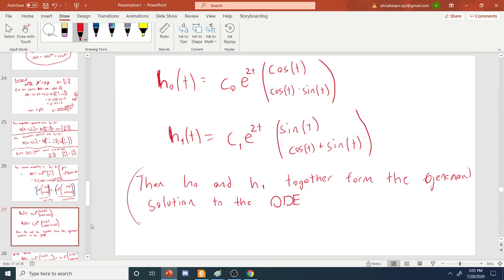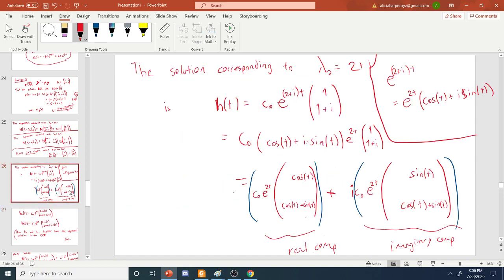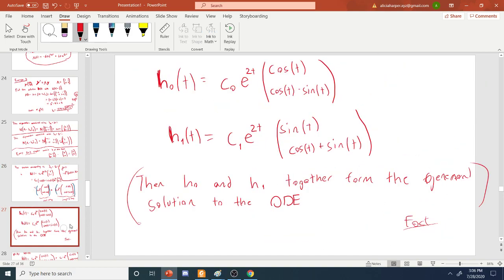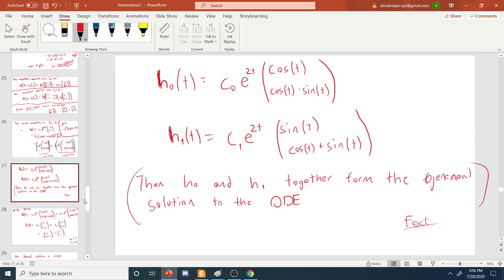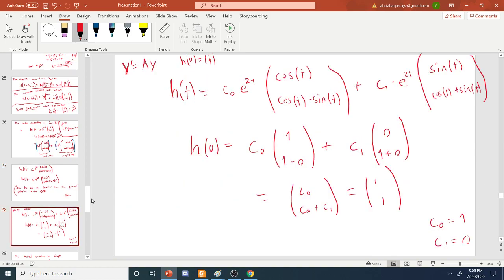And here I stated a fact, which I didn't prove. And this is kind of beyond the scope of this course. You can prove it in an ODE course or consult an ODE textbook if you're really interested in it. But we were able to extract from the real component and the imaginary component two solutions. We use the fact that these solutions form the general solution to the ODE, and then we looked at their sum, and we tried to choose c0 and c1 such that h satisfied the initial condition.